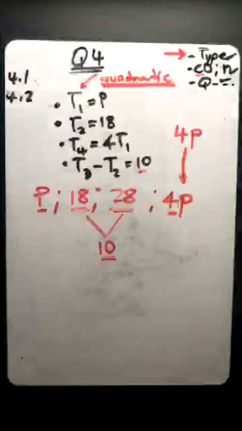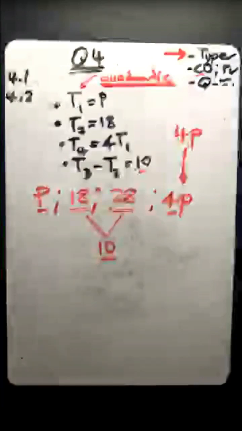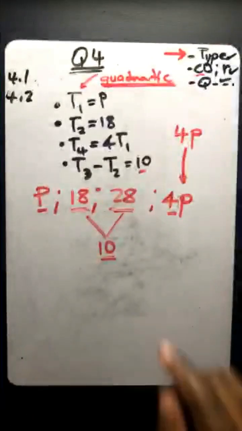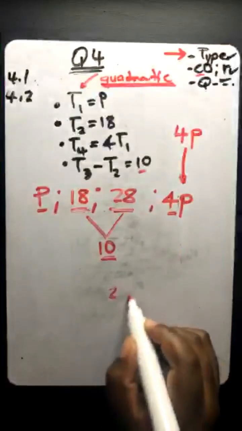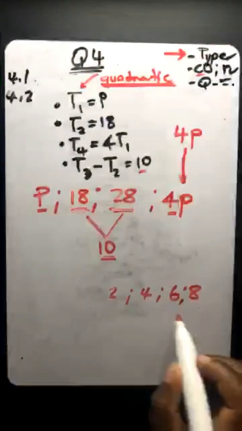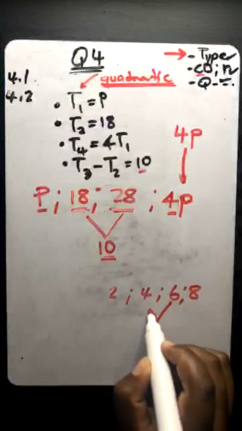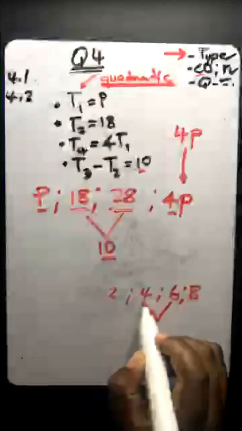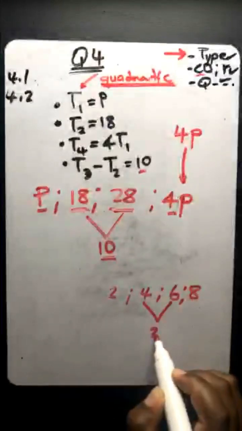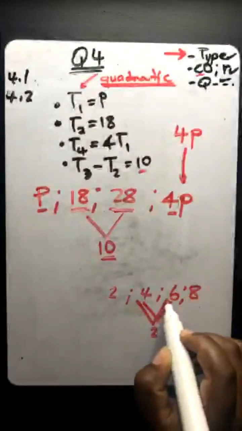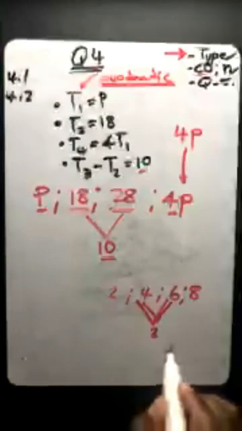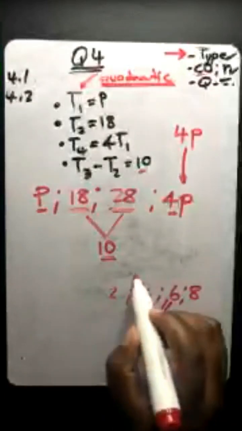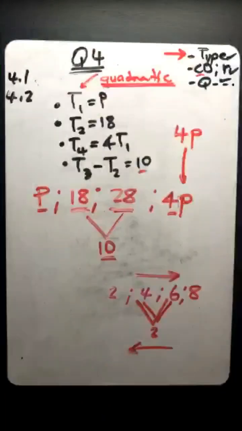Let's say 2, 4, 6, 8: if they say this minus that is equal to 2, then this plus that is going to take you there. So you just need to be careful. If they give you something in reverse, you need to work it the other way round.